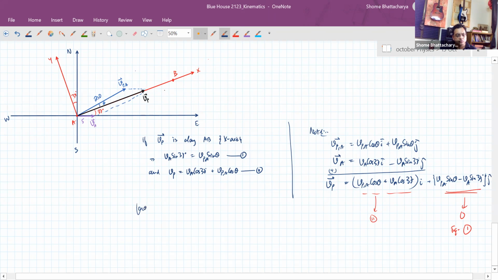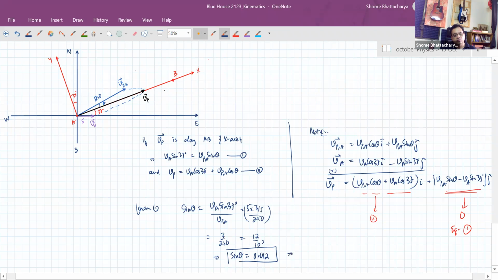So from equation 1, you can see that sine theta is VA sine 37 divided by VPA, so it is 5 into 3 by 5 divided by 250. So 3 upon 250. So sine theta is a very small angle.